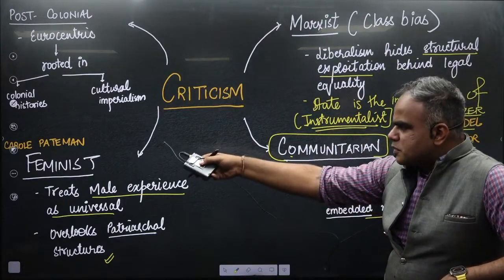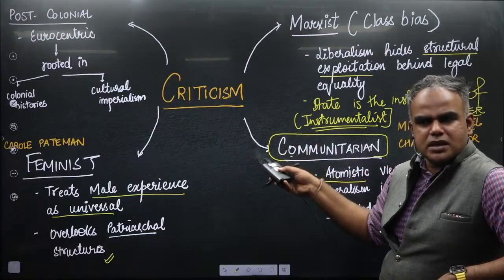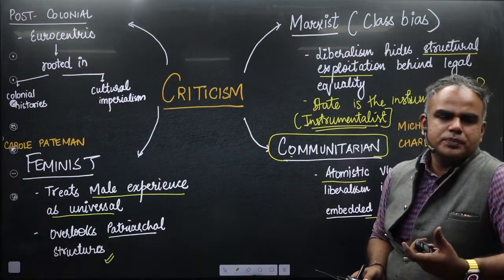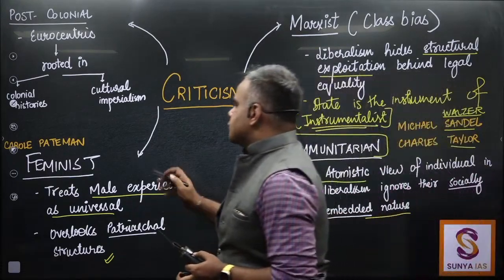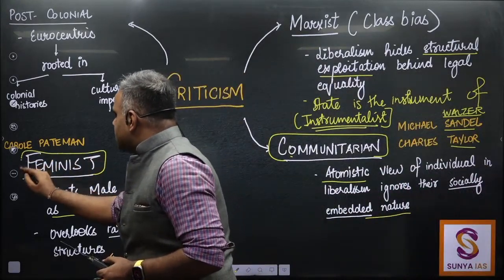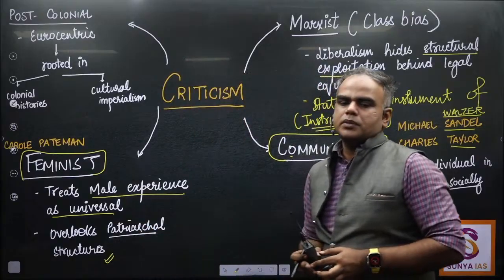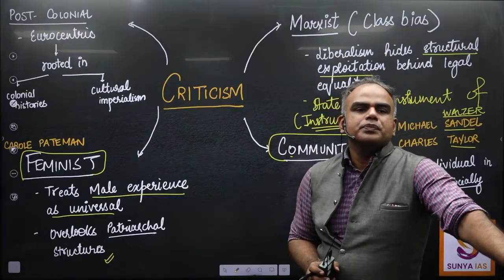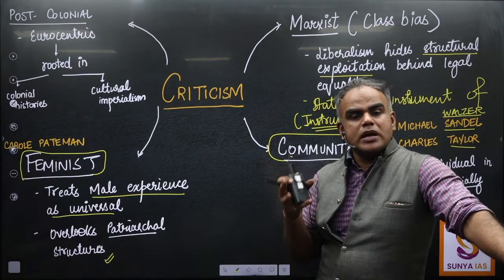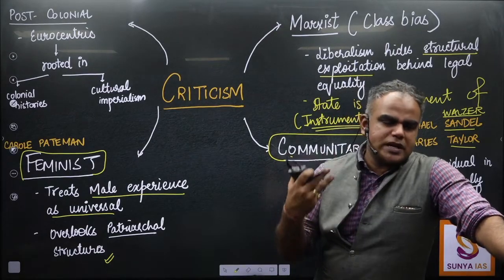Here I've just mentioned Carol Pateman, but when we do feminism, I'll also tell you about Carole Hanisch, Susan Moller Okin and other people. This is the feminist critique of the liberal theory of state: that the state is essentially patriarchal, and is also an instrument which perpetuates patriarchy.